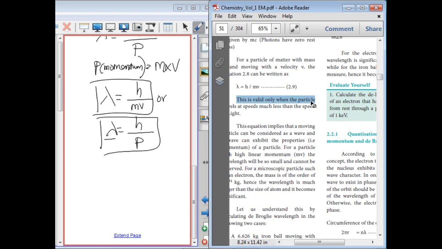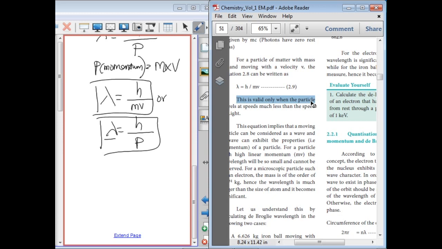This equation implies the moving particle can be considered as a wave. A wave can exist in the property of a particle. For a particle with a high linear momentum, the wavelength will be small and cannot be observed.